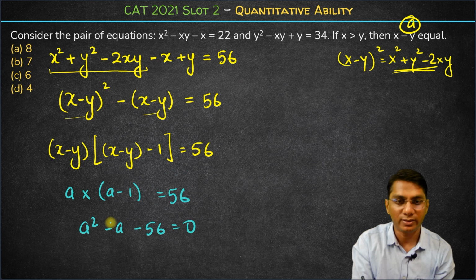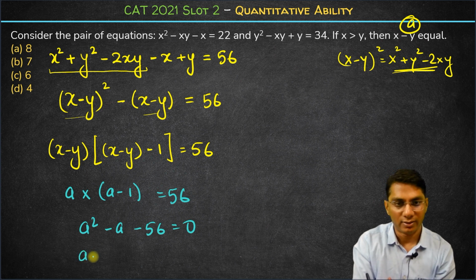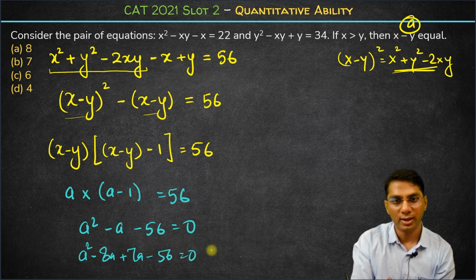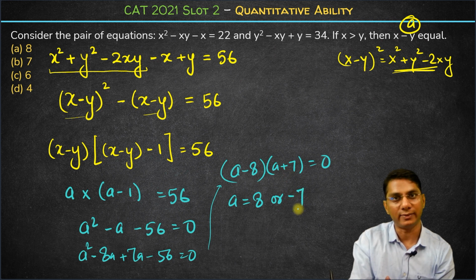So think of two numbers whose sum is minus 1 and the product is minus 56. The numbers will be minus 8 and plus 7. So a square minus 8a plus 7a minus 56 is 0, and this can be factorized as a minus 8 into a plus 7 is equal to 0. So a is either equal to plus 8 or a is equal to minus 7.